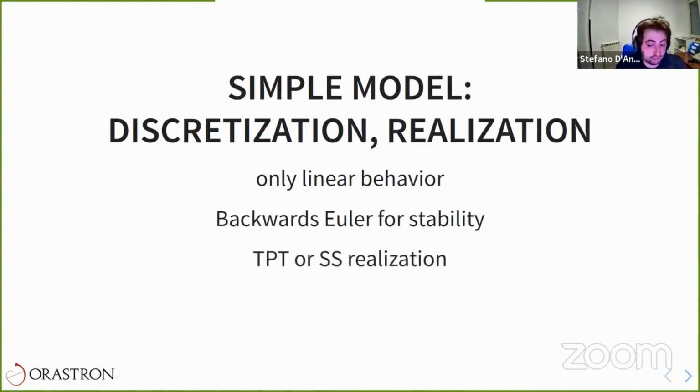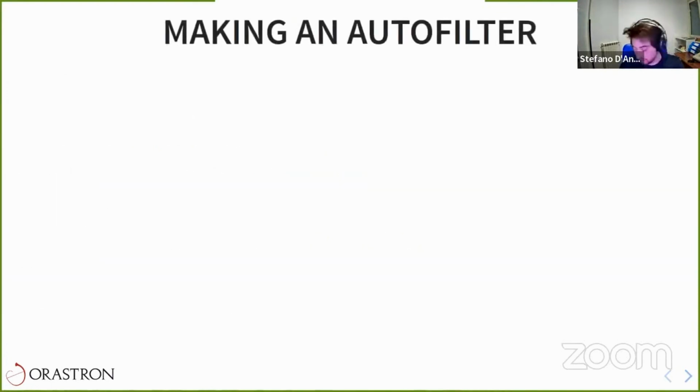To use a realization that's a little bit more complex than the simplest ones, like the TPT realization or something based on state space, because those help with stability as well, and not to forget smoothing for parameters, of course. So let's set all of these aside. That's the hardcore part in DSP, but you don't necessarily have to do all of that to create a product.